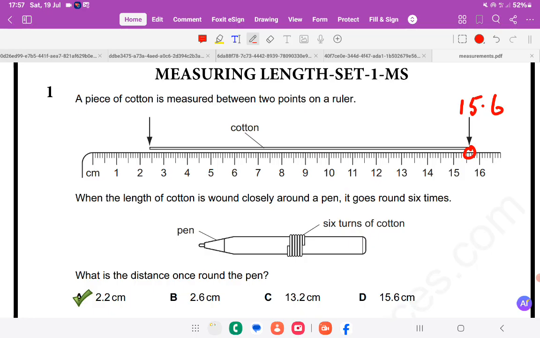And the reading over here should be, sorry, not 15, but 2.4. So therefore the length is going to be 15.6 minus 2.4.